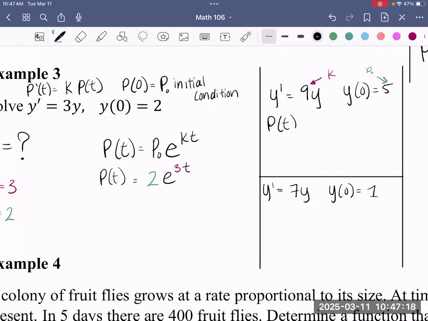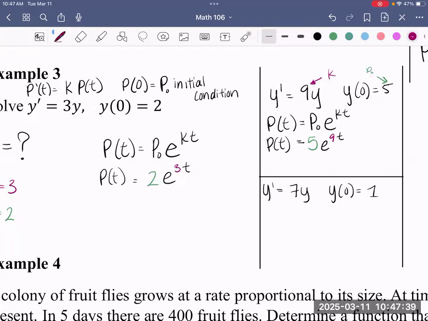So P of t is equal to P naught e to the kt, which means we have 5 e to the kt.